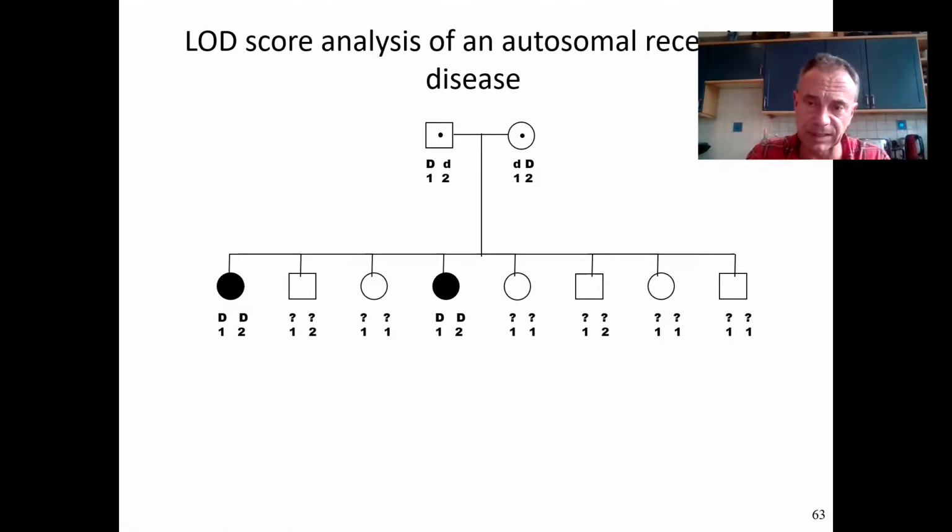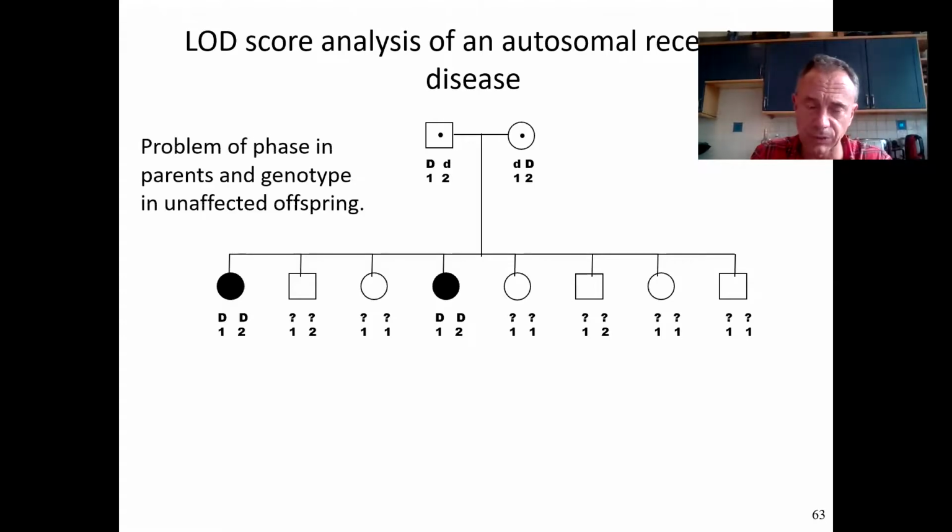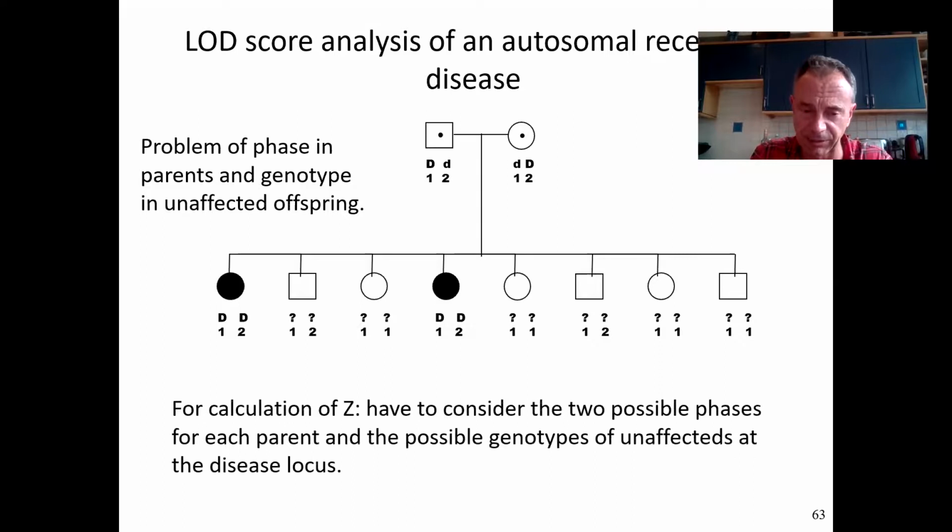If they're a carrier, if they have a copy of the variant allele, they're not affected. If they have no copies of the variant allele, they're not affected. So we've got a stack of question marks along here for the disease locus genotypes in the unaffected sibs. So we only know these and these, and we could do linkage analysis on this, and we do it on those kinds of pedigrees if they're a bit bigger, but it's tricky with this kind of pedigree.